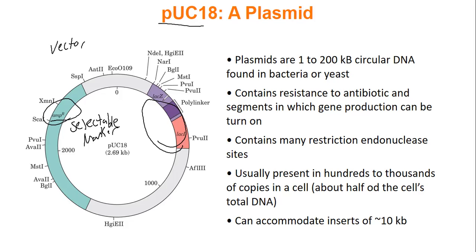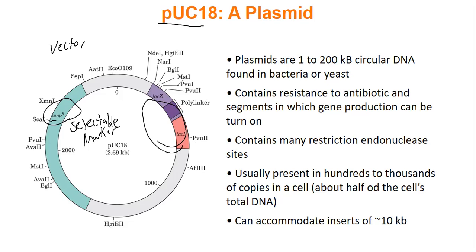However, you want to be able to control when you grow that protein. That's what the lac system does. We can turn on protein production when we want to. So we need some way to control protein production.